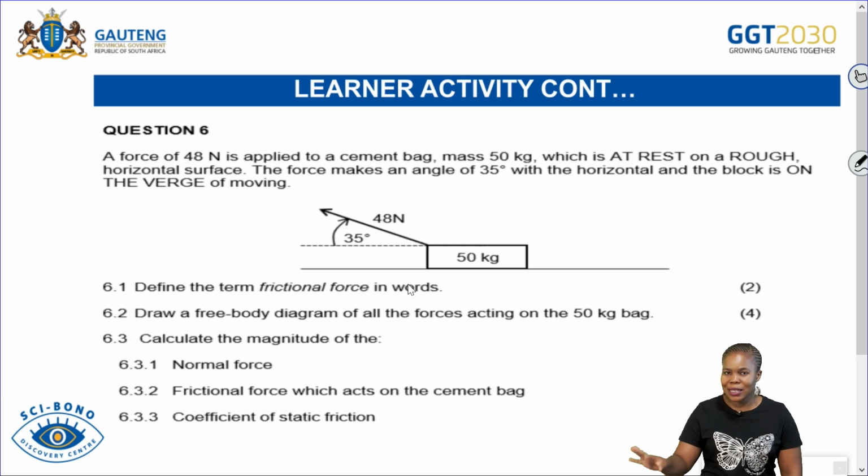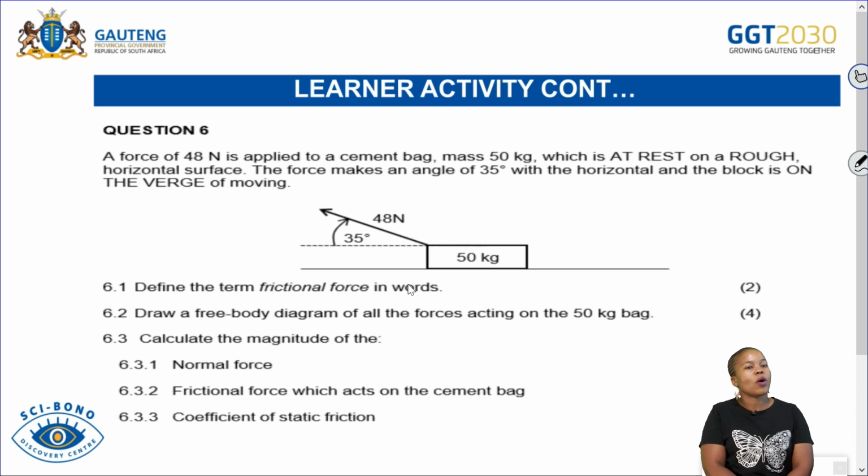Not static frictional force, not kinetic frictional force. What is a frictional force? Before you can get into the types, draw a free body diagram of all the forces that are acting on the 50 kg bag. Calculate the magnitude of the normal force.